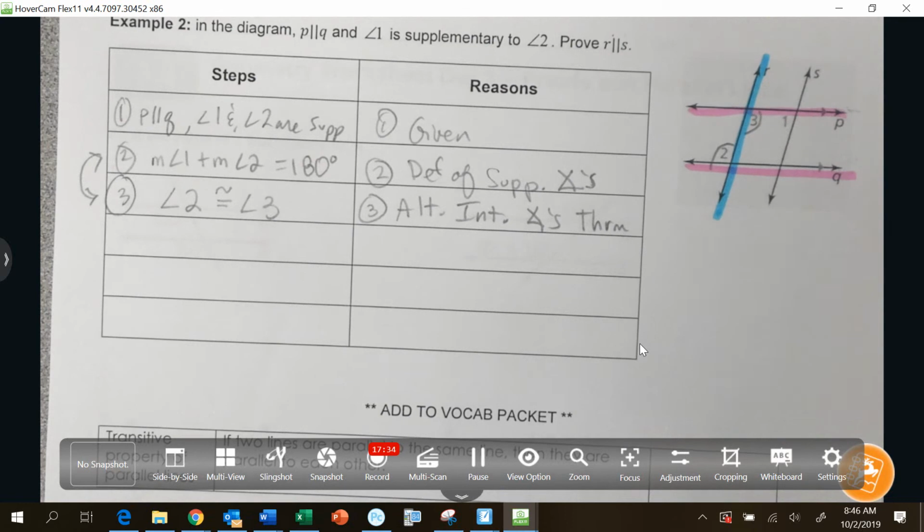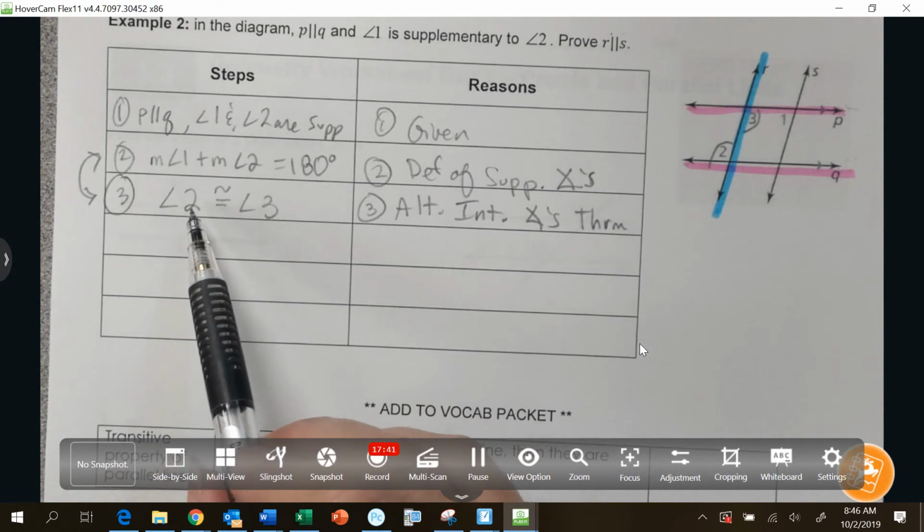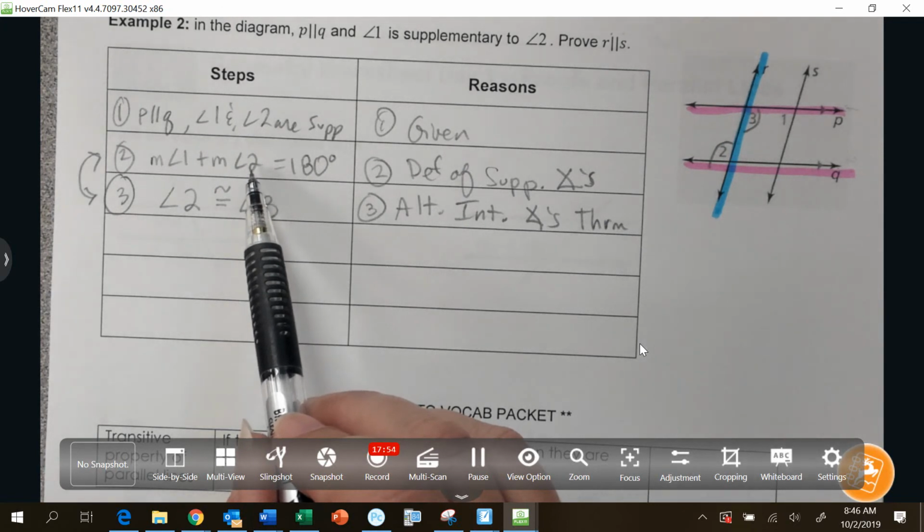So now a lot of you got even further, but you missed one tiny little thing. A lot of you now try to put in angle 3 right here and take out angle 2 by substitution, but I can't do that yet.